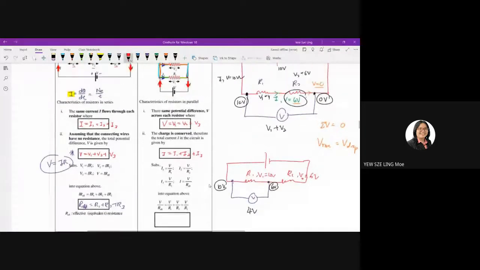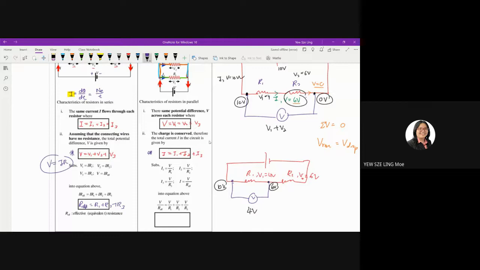So once again, if you look at these two equations, the first equation just tells you that they are all equal to each other. You cannot use it to derive anything. A more appropriate equation that can be used in our derivation is the equation for I, where I equals I1 plus I2 plus I3.